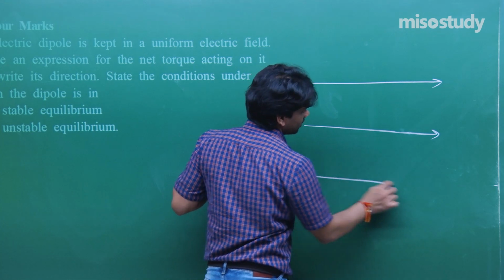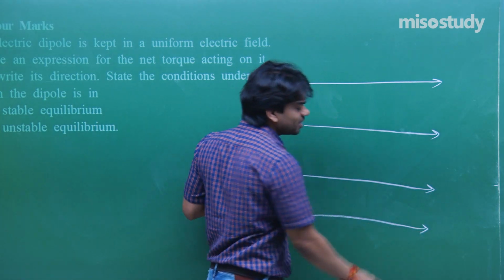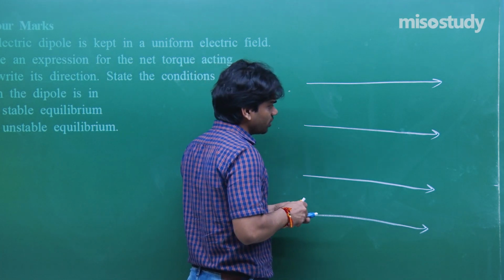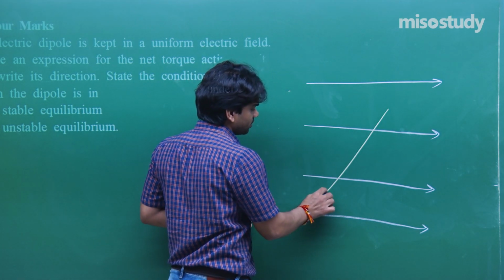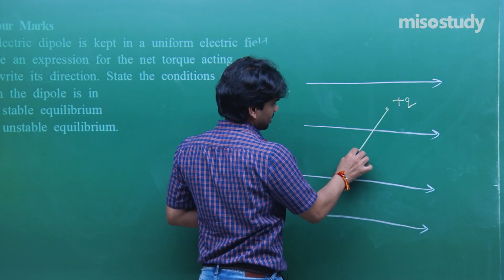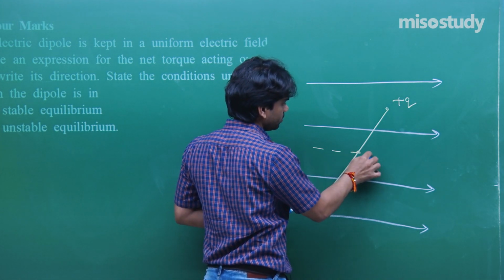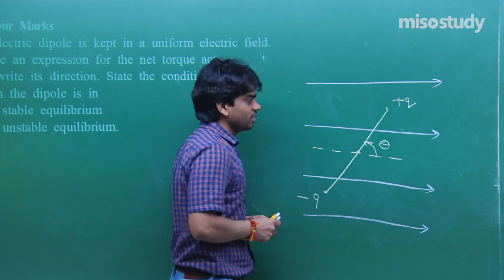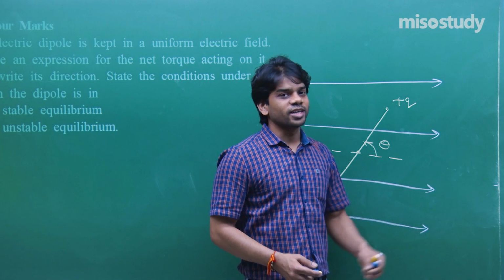Field. Place the dipole as you want. If I place the dipole as shown here, minus Q charge, plus Q charge. Let's say the center of dipole makes an angle theta with the direction of the electric field.